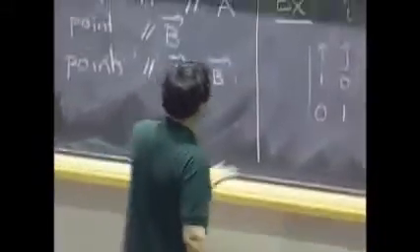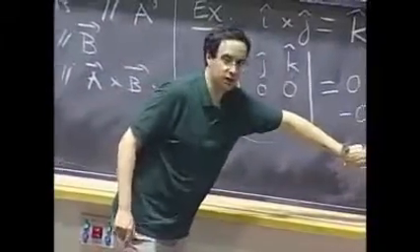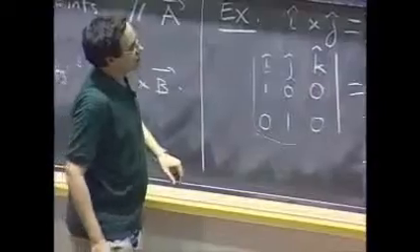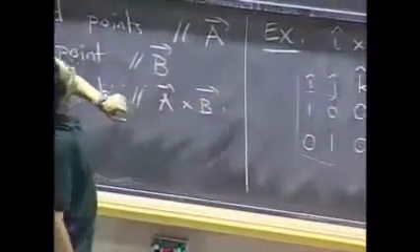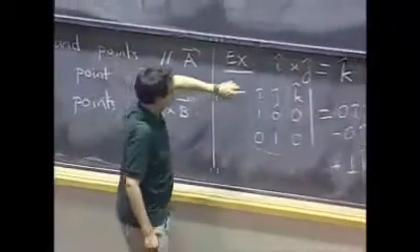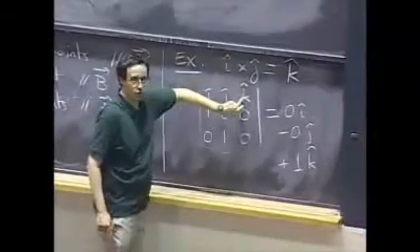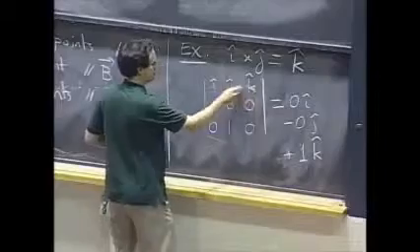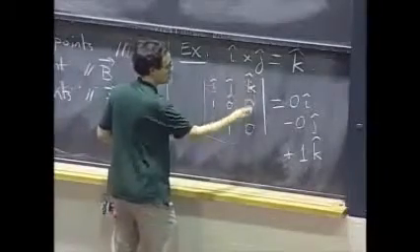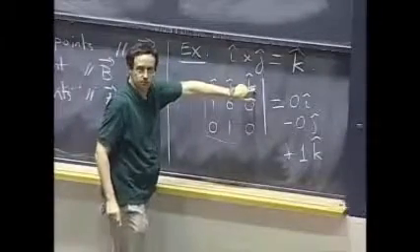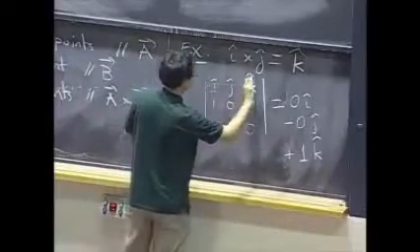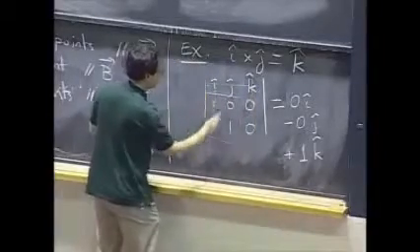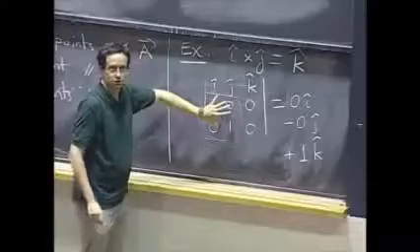Yes, let me repeat how I got the 1 in front of k. So remember the definition of a determinant, I expand according to the entries in the first row. When I get to k, what I do is I delete the first row and I delete the last column, the column that contains k. Okay? So I delete these guys and these guys. I'm left with this 2 by 2 determinant.